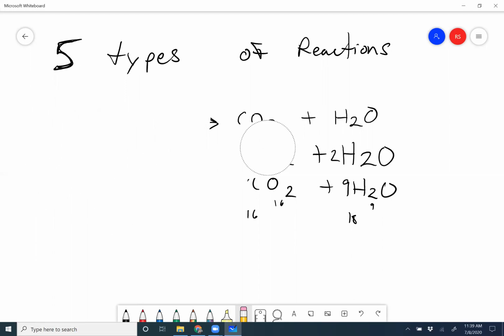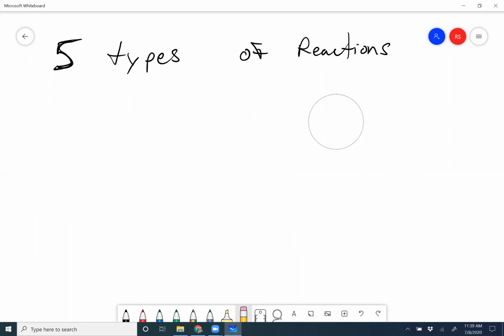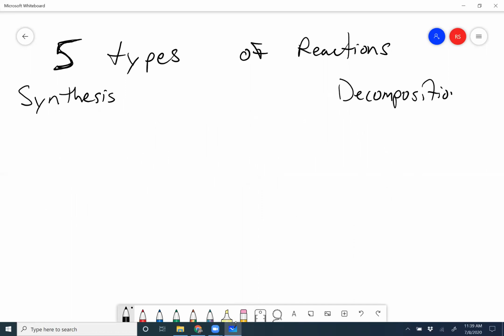All right, so let's talk about the ones that are pretty similar to each other. Let's talk about synthesis and decomposition. So synthesis means to make, and decomposition means to unmake.